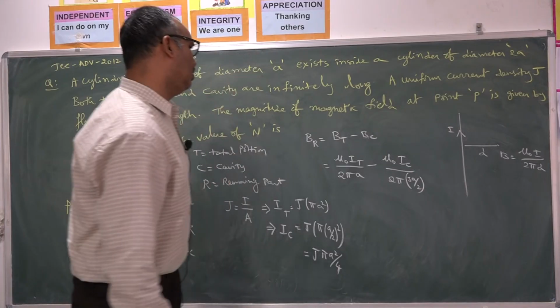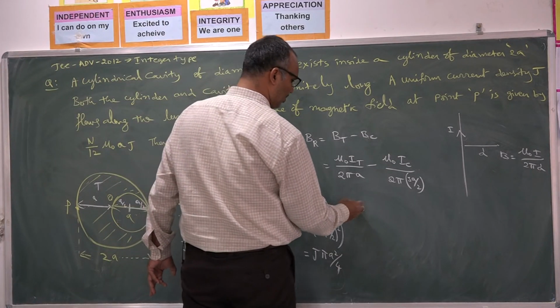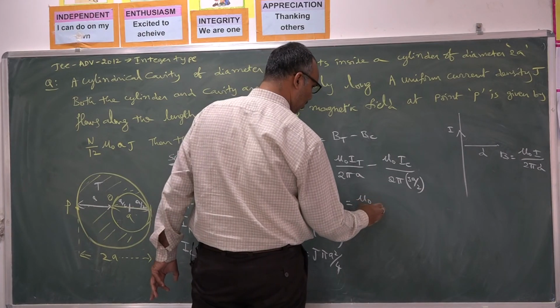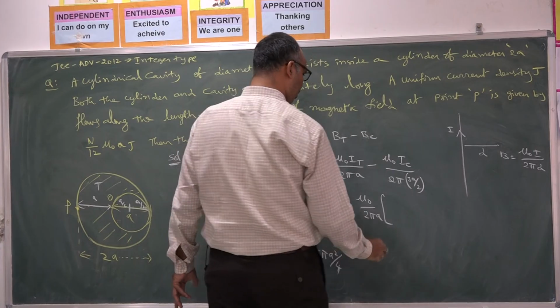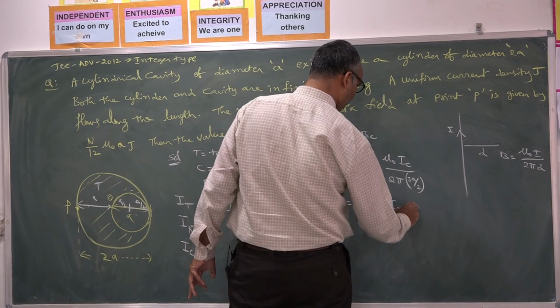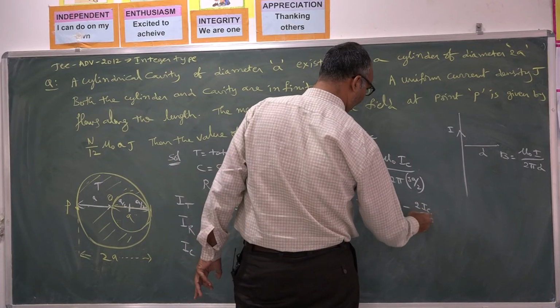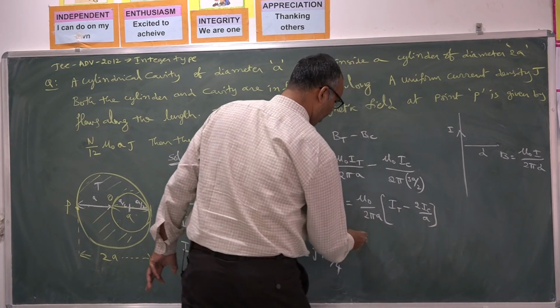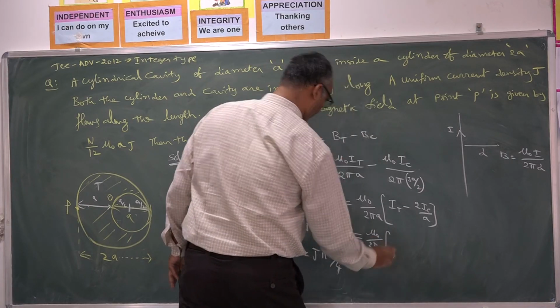Now let me substitute the values of IC and IT here. What is common? Mu naught by 2 pi A. If I take common, IT is left over here minus 2IC by 3A.